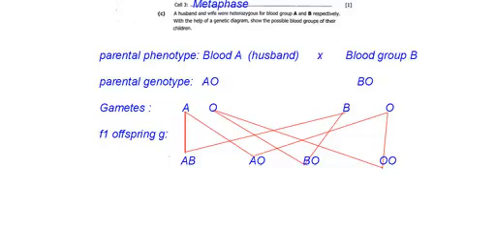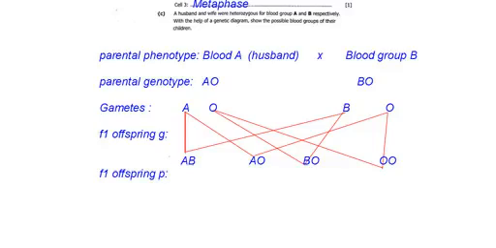So from here, we are going now to have the first generation offspring phenotype. So I'll just write the P there to indicate phenotype.